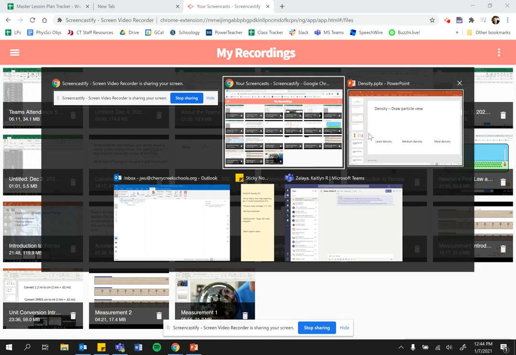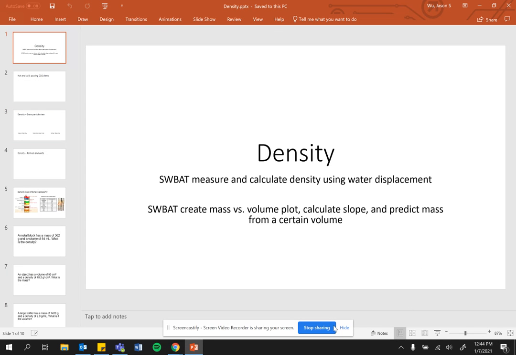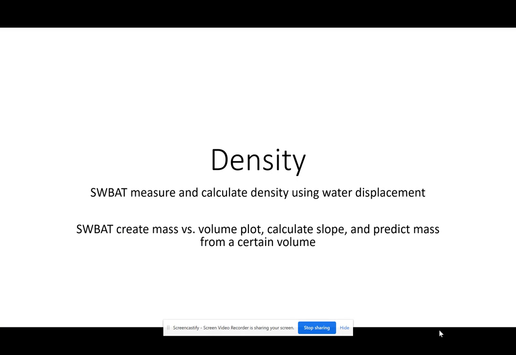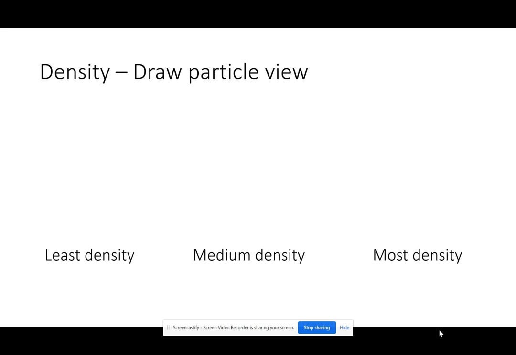All right, folks, this is going to be a quick introduction to density, focusing on the most important information around density that you need to know for density in physical science.